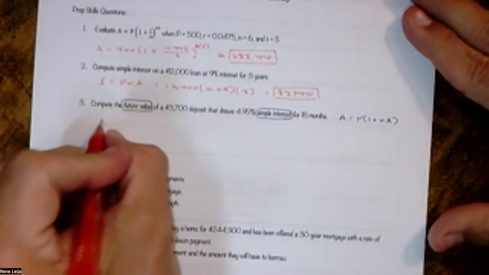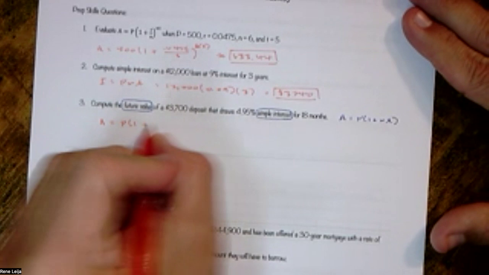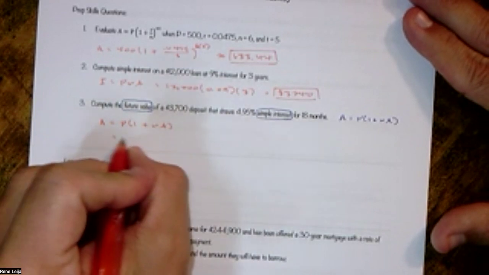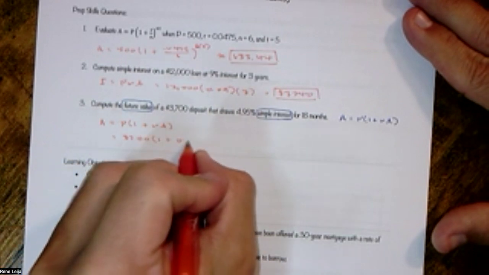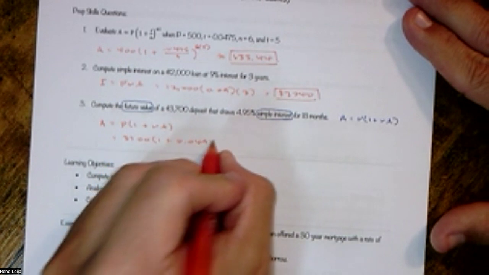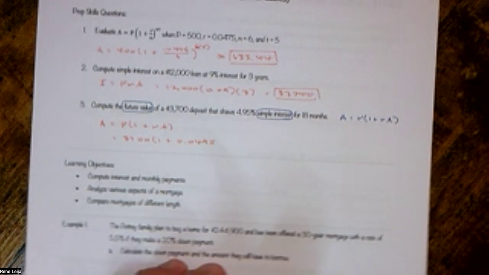A equals P times 1 plus R times T. So 3,700 times 1 plus 0.0495 times 18 months. T is supposed to be in terms of years, but they've given us 18 months. Okay, well, that's an easy fix. Anytime they give you months, you're just going to divide it by 12.